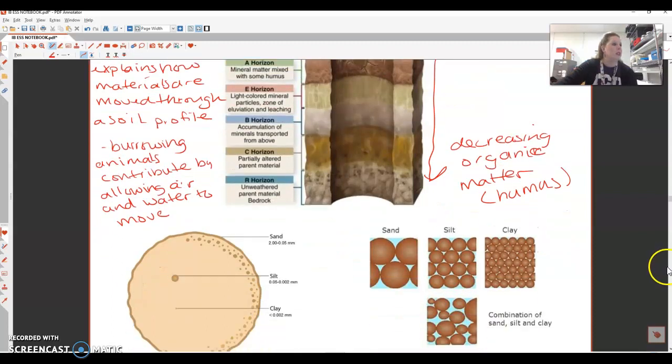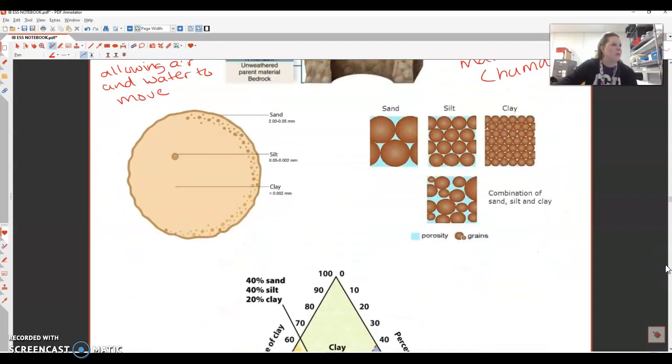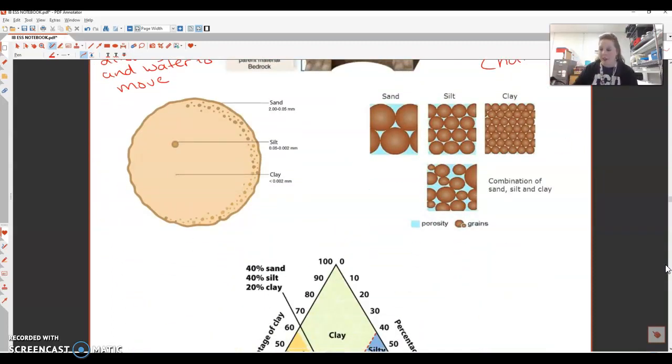Okay, so let's look at soil specifically. There are 3 types of soil particles. Okay, sand, silt, and clay.